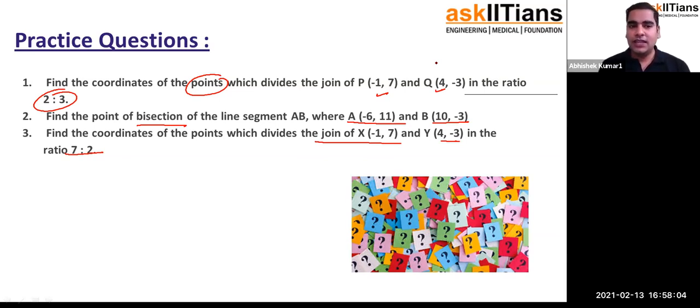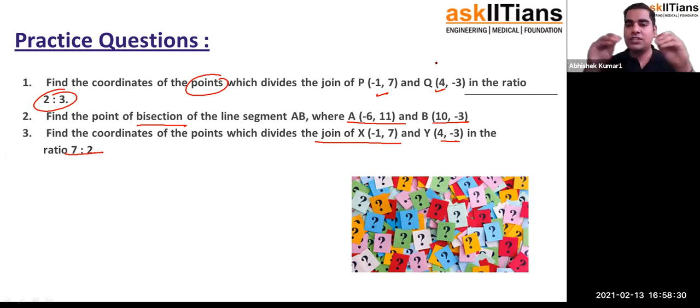So let us quickly go through all that we discussed today. The first thing we covered was the section formula. How we got the section formula, we did the derivation as well. The third thing we did is how to apply that section formula. After the application, we discussed the case of internal division.